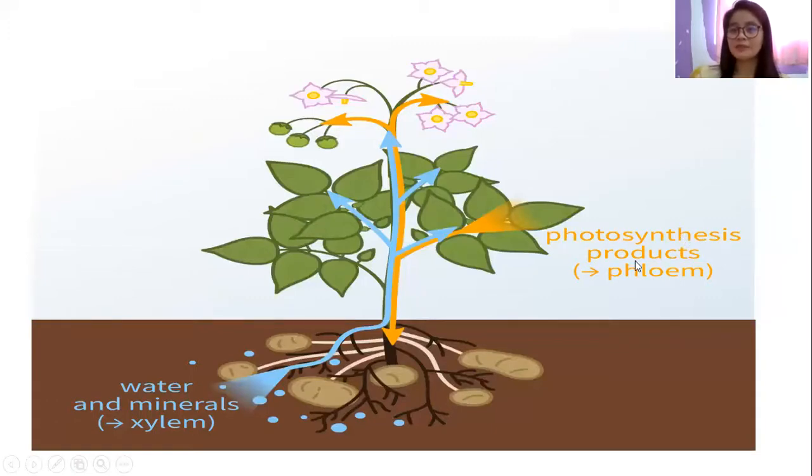Photosynthesis, you can see this one, is from the sunlight. So the blue one is xylem. This yellow-brown is the phloem. It comes from the leaves, goes to the stem, goes to the flower, to the buds or fruits, and it goes to the roots.